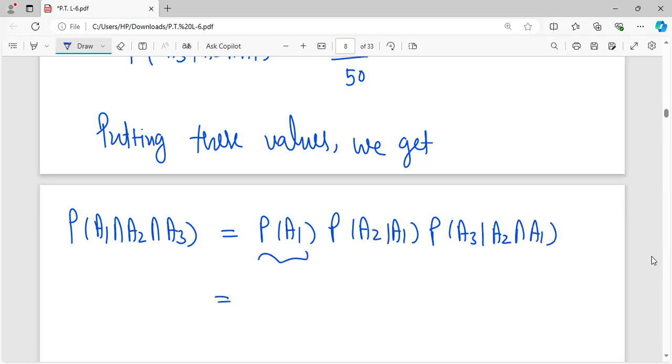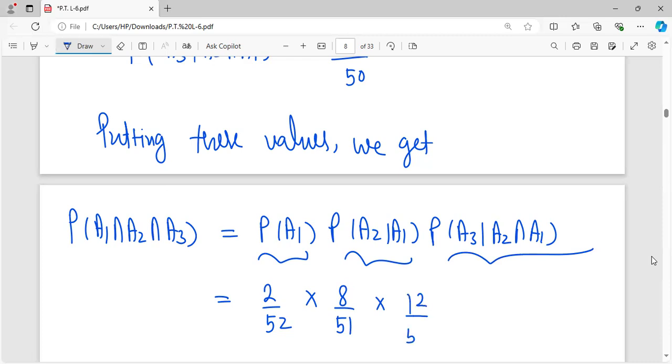We have calculated this is 2 upon 52. This is 8 upon 51. And finally this is 12 upon 50. Solve this.